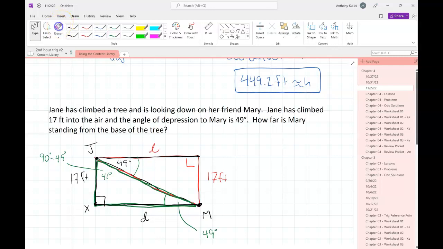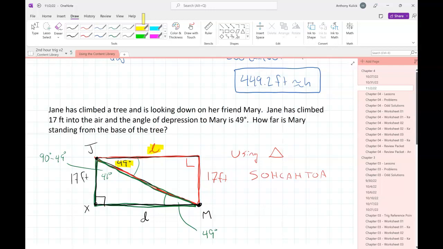All right. Let's just say, for the sake of argument, we're using the red triangle. Since it's a right triangle, we're going to be using SOHCAHTOA. Which angle do we want to use? 49.